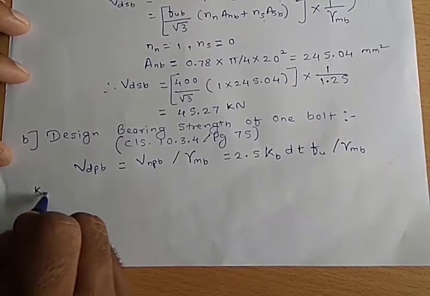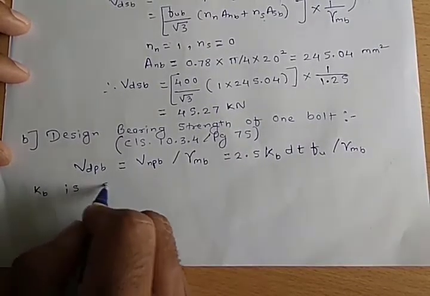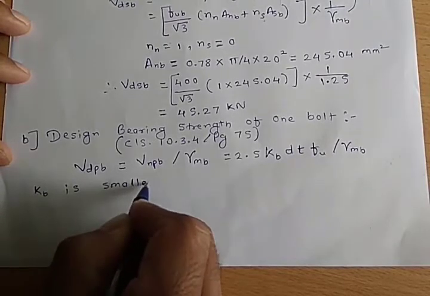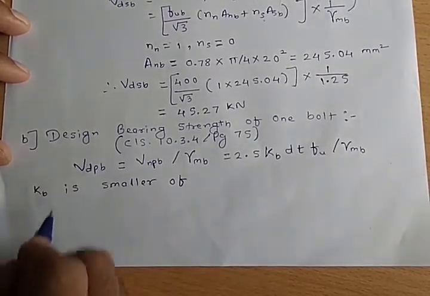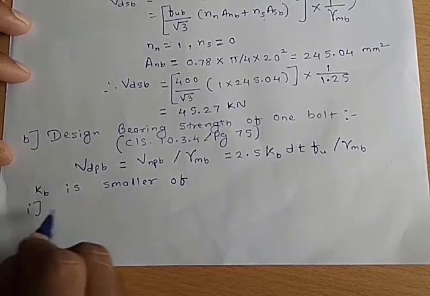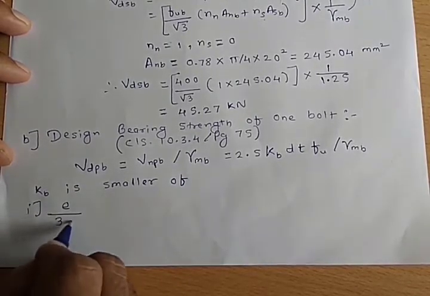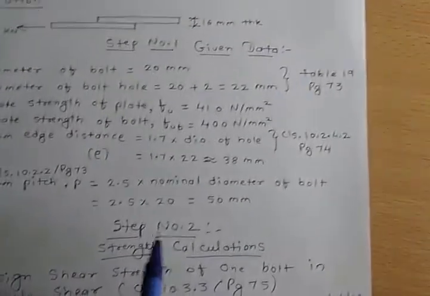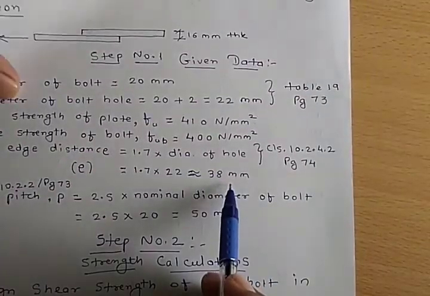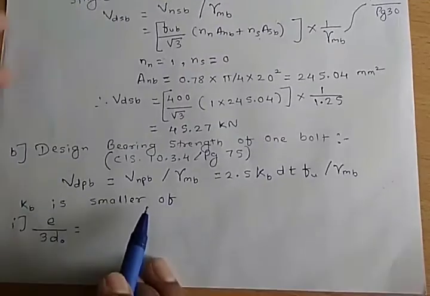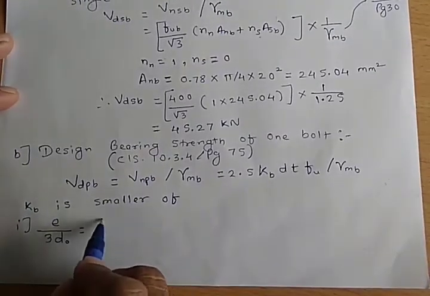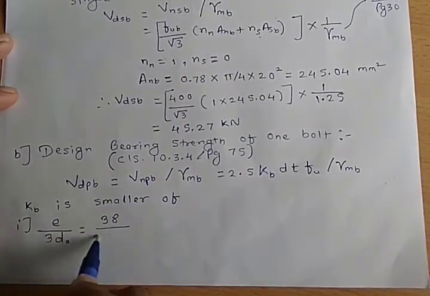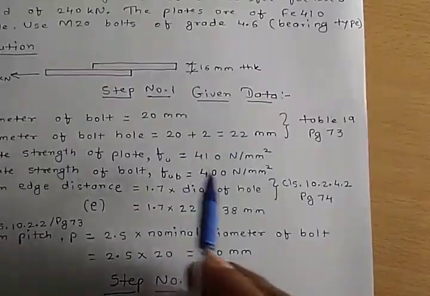Now just put in the value of kb. Kb is actually the smaller of four parameters. The first parameter is e divided by 3 times d0. e we already calculated, that is 38 mm, divided by 3 into d0, and d0 we also calculated, 22 mm.